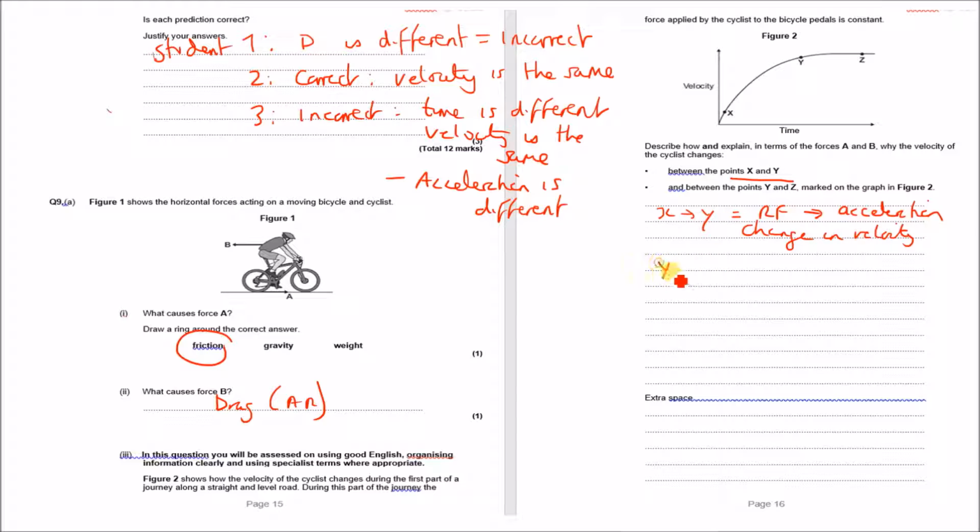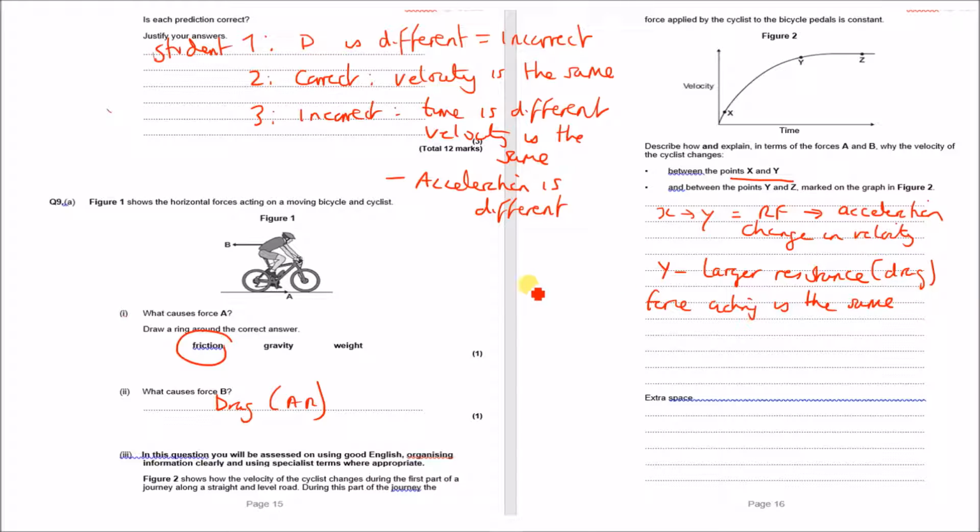When we get to Y, there is a larger resistance, and this is air resistance, so we're going to call that drag. So we've got a larger resistance or drag. The force acting is the same. So imagine it was a falling object.